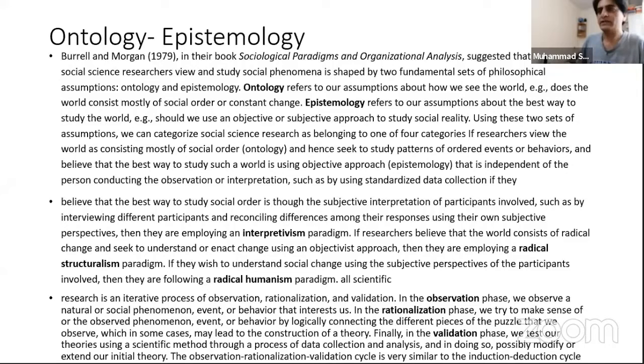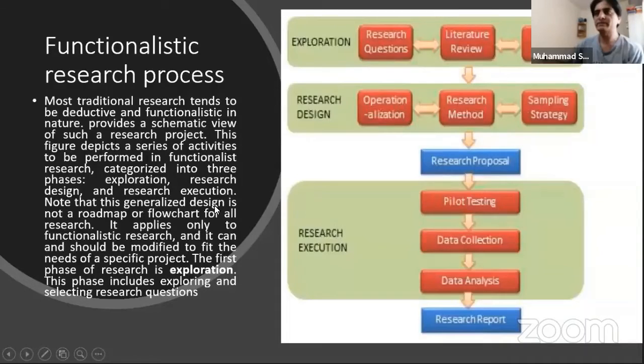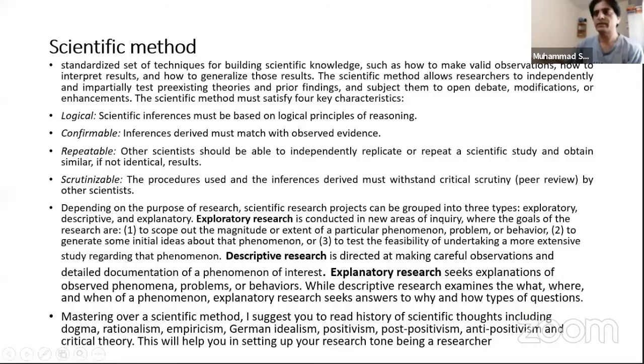If researchers believe that the world consists of radical change and seek to understand or enact change using an objectivist approach, then they are implying a radical structuralism paradigm. If they wish to understand social change using the subjective perspectives of the participants, then they are following a radical humanism paradigm. So these are the four different paradigms researchers sometimes use in their research.